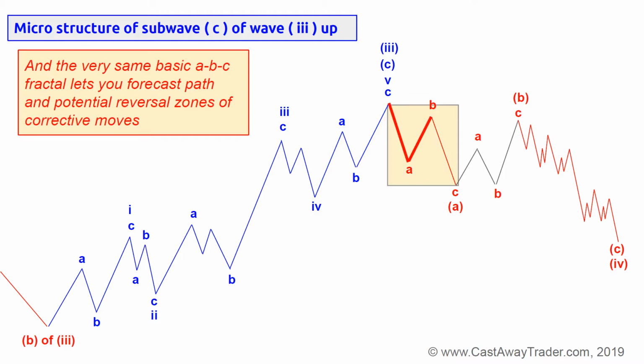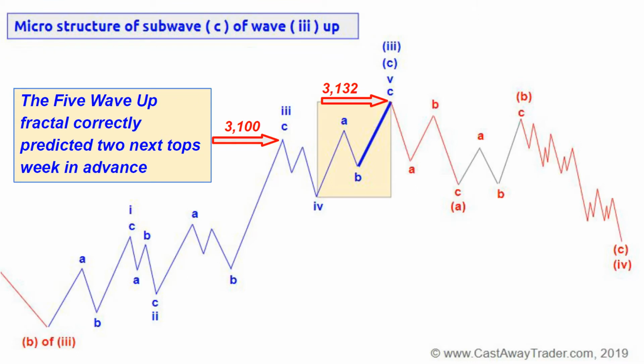But not only that, the very same simple ABC fractal pointing down helps you to navigate through a pullback, which inevitably follows the rally in subwave C of wave 3 up. The main idea of the harmonic Elliott wave theory is that you operate several commonly repeated fractals, and in this particular case, if we deal with a trending move, we closely track the 5 wave up fractal, and we try to align that theoretical fractal with the actual chart of the stock we follow.